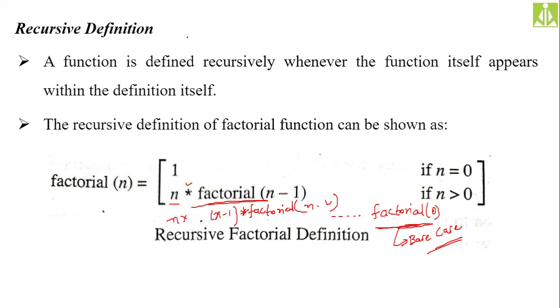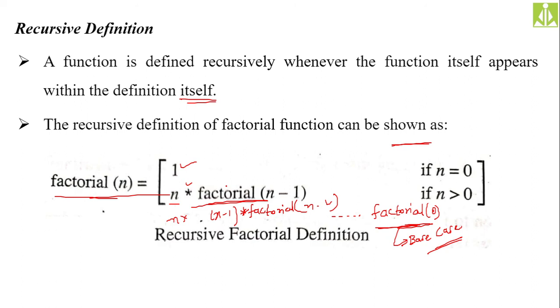A function is defined recursively whenever the function itself appears within the function definition itself. The recursive definition of a factorial can be shown as follows. Factorial of n: if the n value is 0, we are saying factorial of 0 is 1. If the n value is other than 0, then it is n multiplied by factorial of n minus 1, then n minus 1 multiplied by factorial of n minus 2.